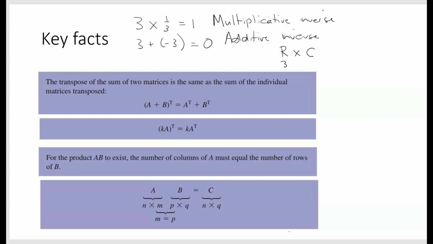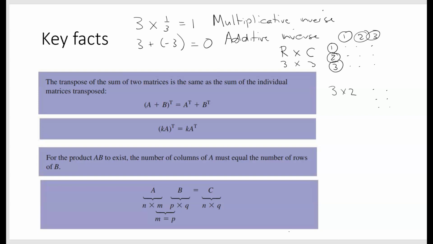So a 3 by 3 means 3 rows by 3 columns, and everything to do with matrices is row by column. If we're talking about a 3 by 2 matrix, that means we've got 3 rows and 2 columns.